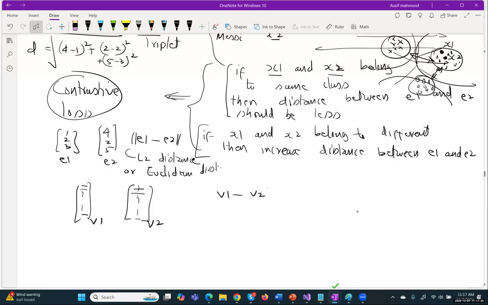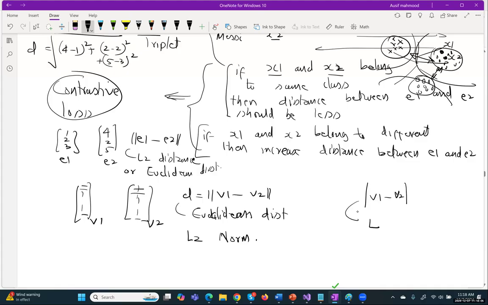V1 minus V2 with a double line. This is how we indicate the Euclidean distance. What's another name for Euclidean distance? L2 norm. If I'm taking the absolute difference, V1 minus V2 with a single line, this is also called the L1 norm.